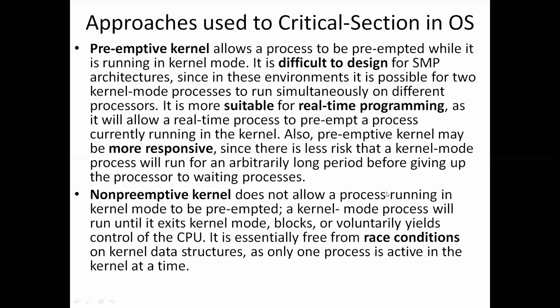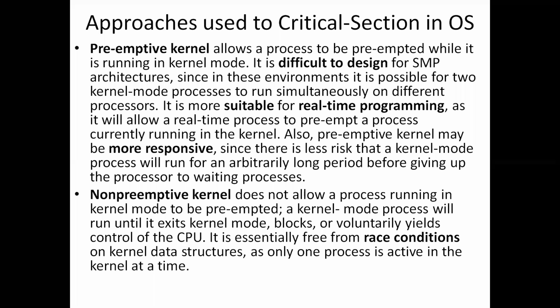Next, we'll see the general approaches used for the critical section in operating systems. Here we have two general approaches: preemptive kernel and non-preemptive kernel. What is preemptive and non-preemptive, we discussed when we were discussing process scheduling.